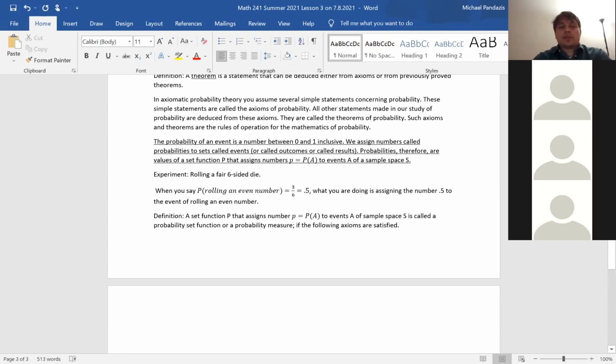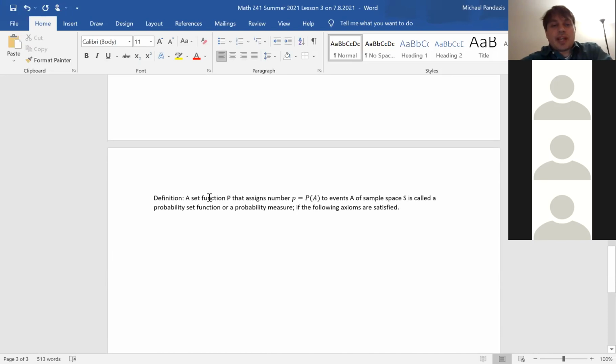Okay, so it's a set function because the inputs are sets, but now we're going to talk about a probability set function, which has a little bit more structure to it. And so in order to be more than a set function, to be a probability set function, you need to satisfy the following axioms.